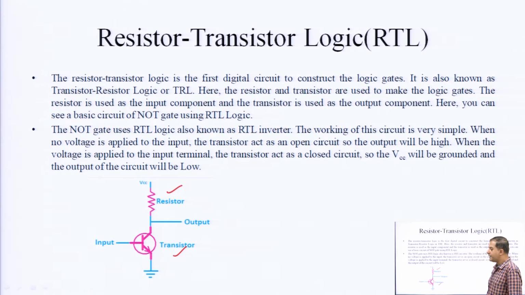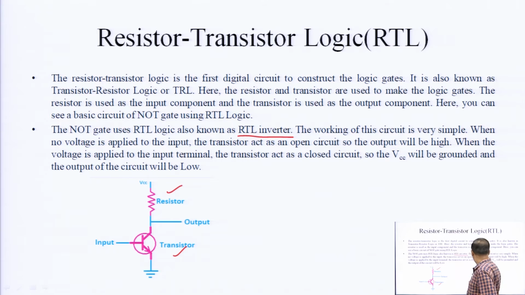Here you can see the basic circuit of a NOT gate. We have implemented the NOT gate using RTL logic, also known as the RTL inverter. The working of this circuit is very simple.